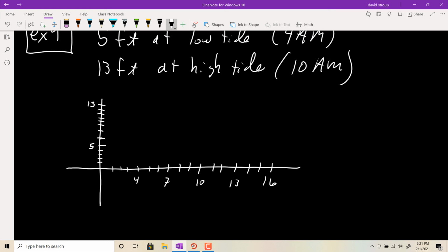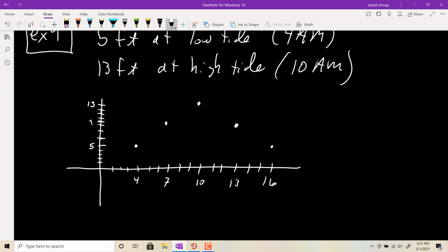And then the picture has 4, 5, 6, 7, 8, 9. It's kind of in the middle, so 7, 9 is kind of important. At 10, 13 is all the way up, and then at 16 it goes back down to 5.